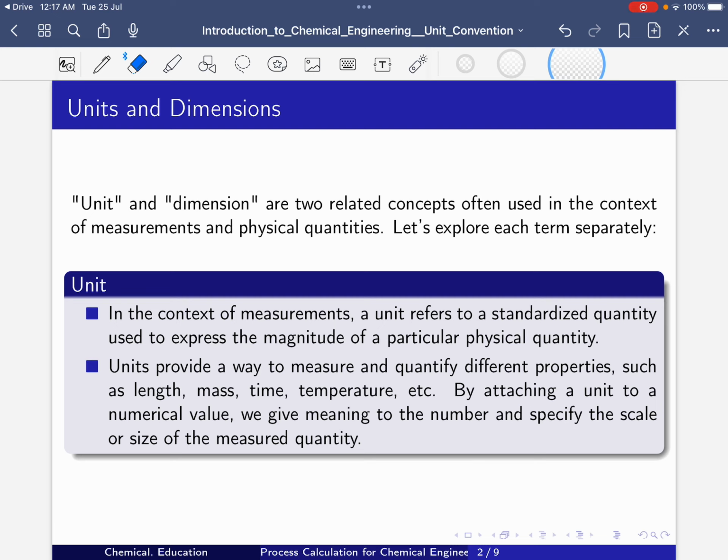Unit and dimension are two related concepts often used in the context of measurement and physical quantities. So, let's explore each term separately. What is a unit? In the context of measurement, a unit refers to a standardized quantity used to express the magnitude of a particular physical quantity.